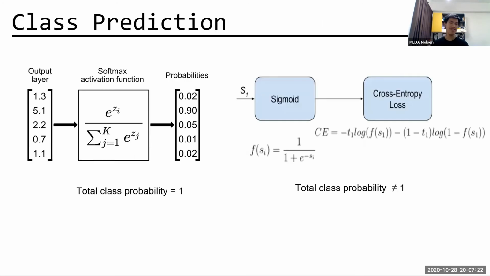First of all, let me remind you about the class prediction. Just now, when we were discussing the probability of the class given the object, for each grid cell in YOLO version 1 or each bounding box in YOLO version 2, the probabilities must add up to 1, which makes sense because it uses the softmax function, and there cannot be one object with 2 different classes.